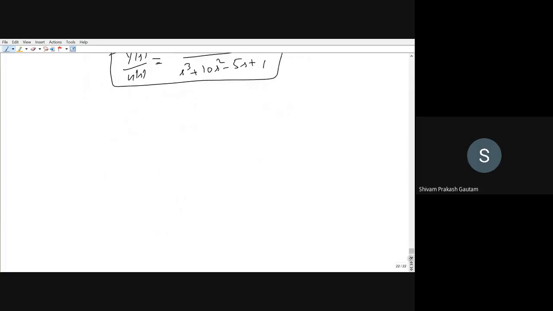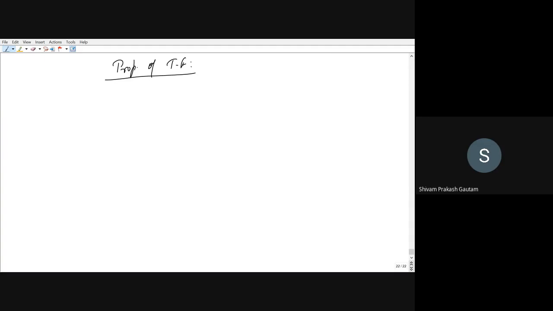So now that we have calculated what a transfer function is and how to calculate it, we will see some properties of the transfer function. What are its properties? Property number 1: the transfer function of a system is independent of the magnitude and nature of the input.